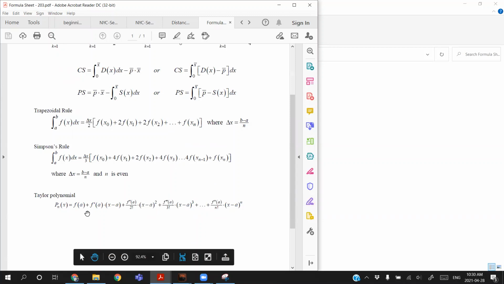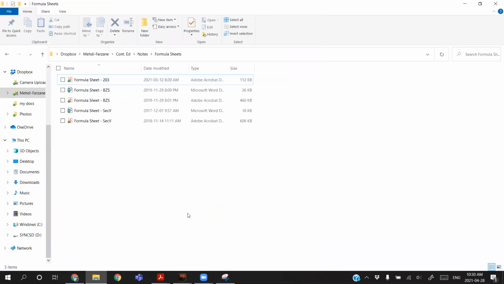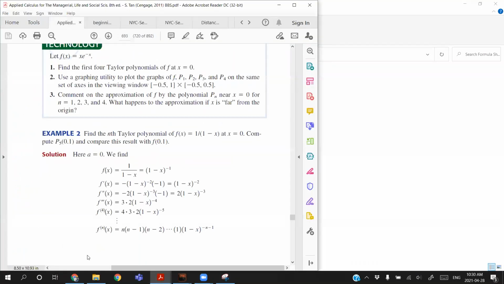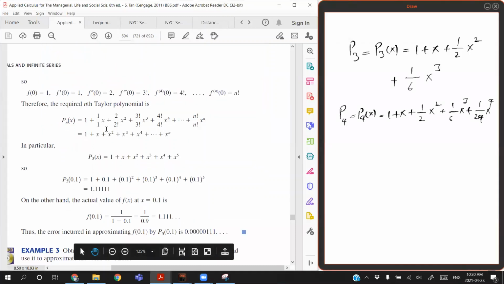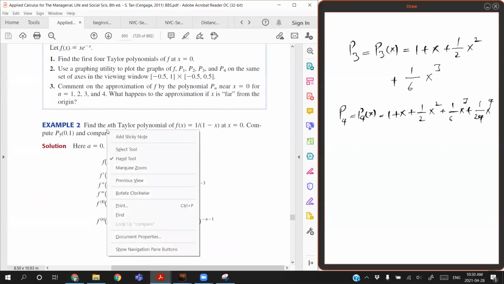So in order to write this, you will need to find f of a, f prime of a, f double prime of a over 2 factorial, f triple prime of a over 3 factorial, all the way to the nth derivative of the function at a over n factorial, and that's it. So let's do some more examples. But you definitely need to practice this a lot because it's not very easy.